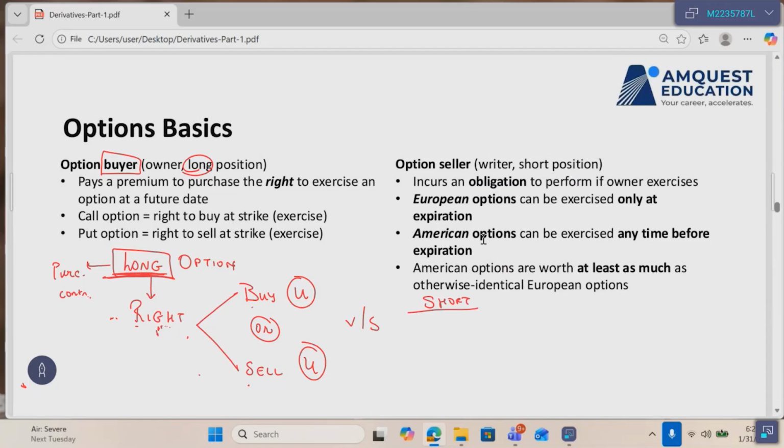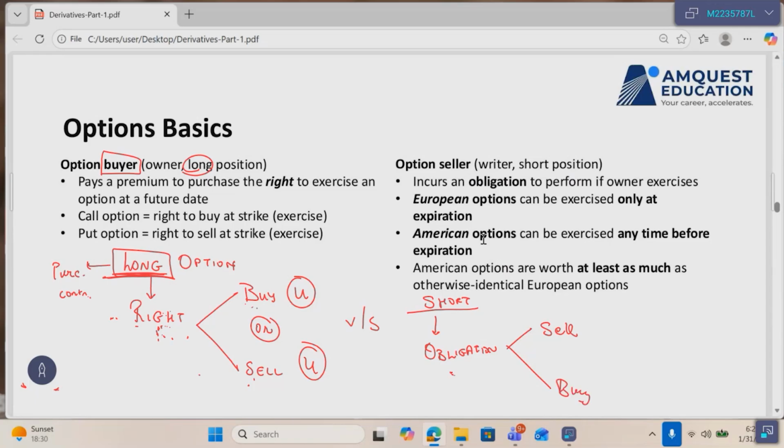The one who's short has the obligation to see through the deal. He has the obligation to satisfy the long. If the long says, no, I want to buy, this guy has no choice but to sell. If the long says, I want to sell, he has the obligation to buy.